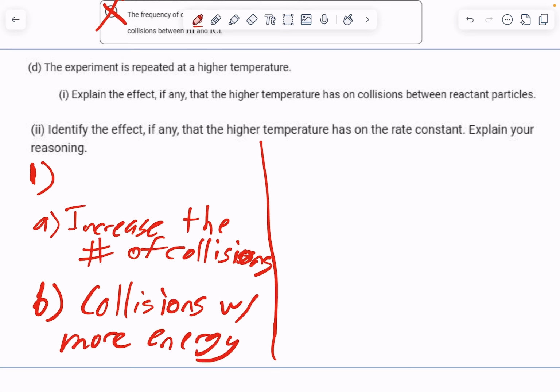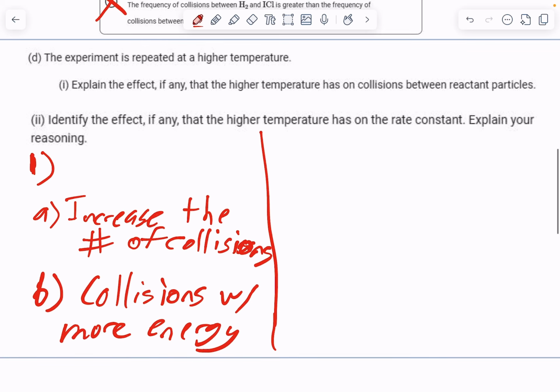You only have to use one of them as your example to make an explanation. But at higher temperatures, particles will be moving faster, so there'll be an increase in the number of collisions. And at higher temperatures, they'll be colliding with more energy because they're moving faster. So both of those play a big factor in the collision model in figuring out how fast reactions will happen.